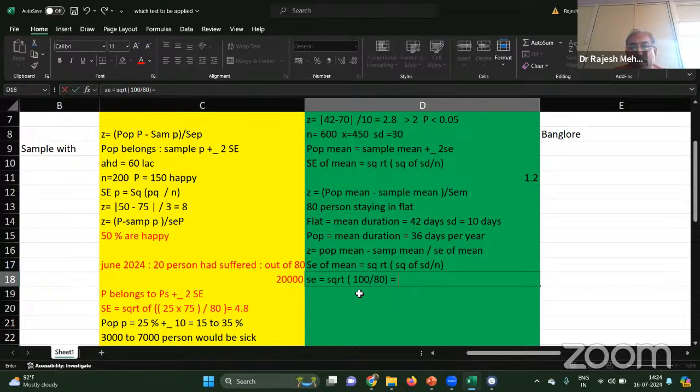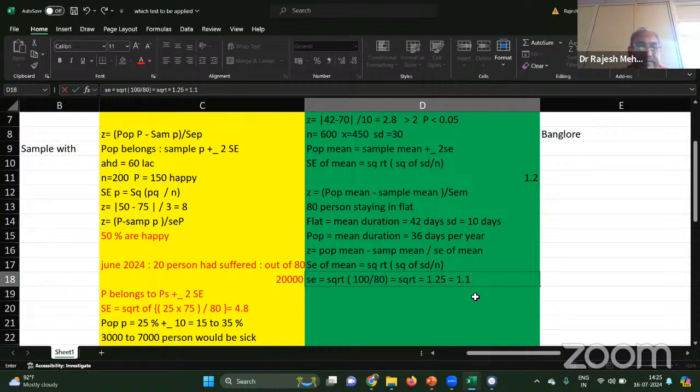We can say that 100 by 80, 10 by 8, will be 1.25. Square root of 1.25. So approximately you can say that 1.1 will be the answer, the standard error.